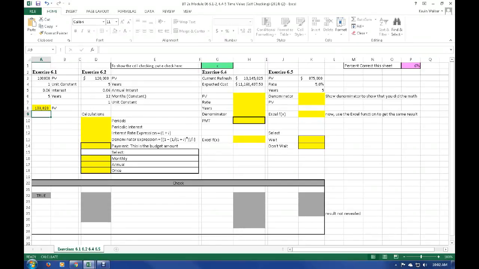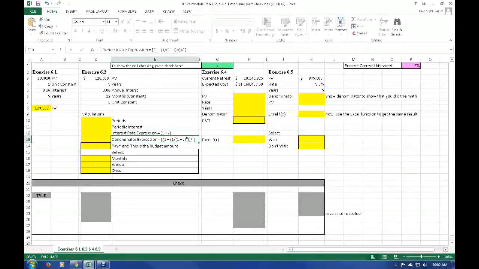In the case of this, here you're going to see the denominator expression. Now let me tell you this. Once upon a time, in the old days, before we had things you could get free off the internet or buy at Walmart in the checkout line for $5, if you went to the bank and wanted a loan, you were doing the future value calculations.